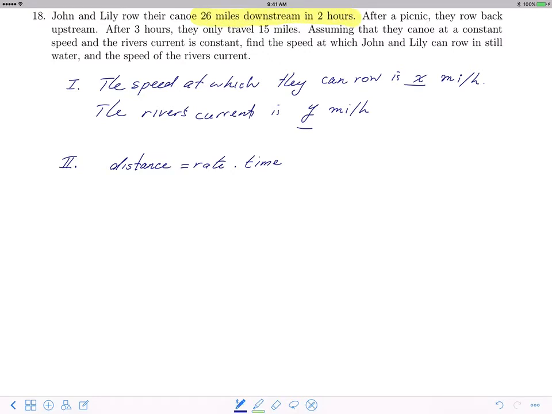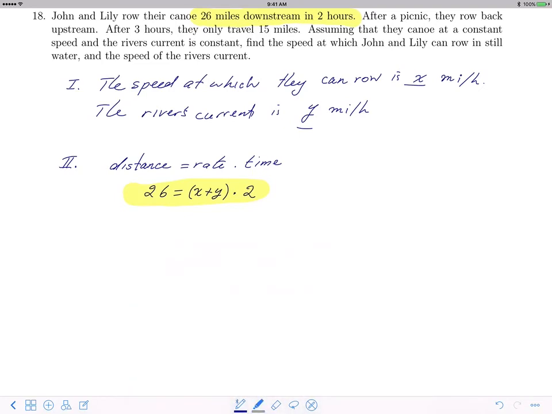Now, downstream means that they're going with the current of the river, which means they're going to be going faster. Without the current, they can row X miles per hour. So with the current, their rate would be X plus Y. The current adds to the speed that they can row. The time is 2 hours, so times 2 equals the distance, 26. So that's the equation we get from that fact.